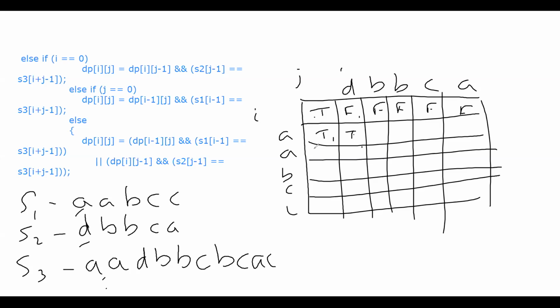But then if I go for j minus 1, which is true, and then I compare S2 of j minus 1, j minus 1 will be in this case 0, right? So I'm comparing S2 of j minus 1, this will be 1 in this case, so S2 will be this guy, right? And then I'm going to look for, so this will be false in this case, correct? Both of them are false.